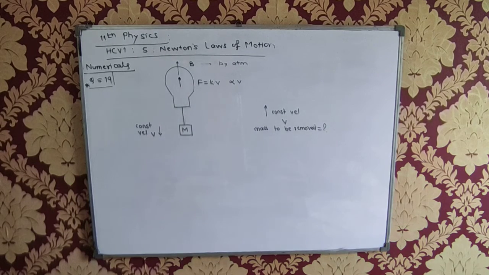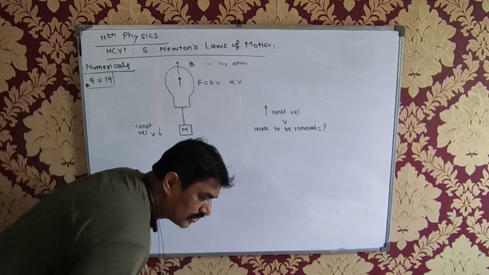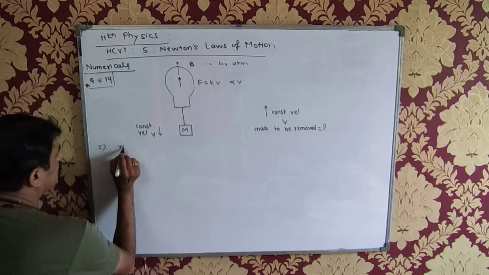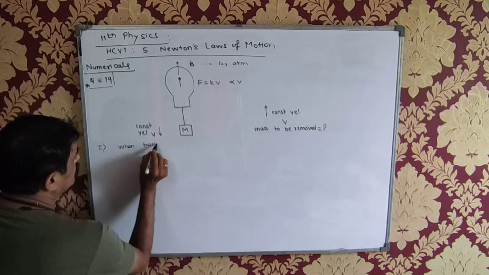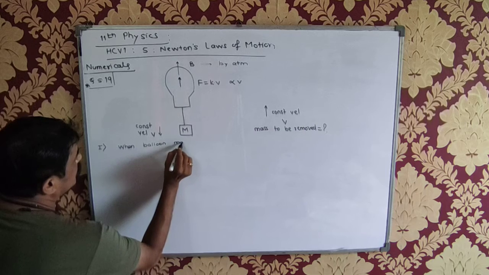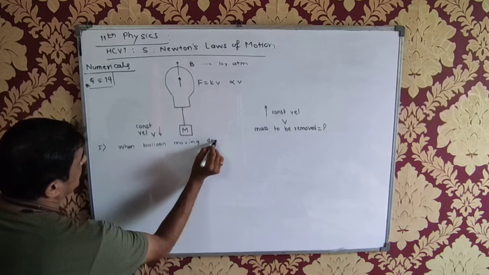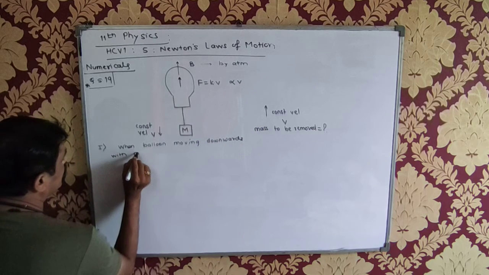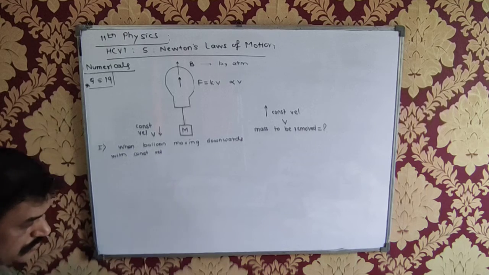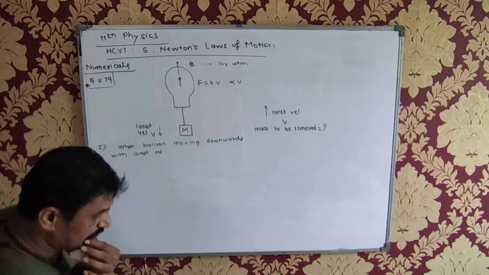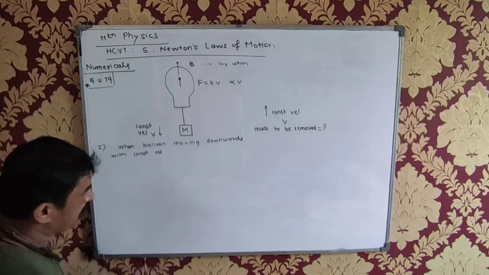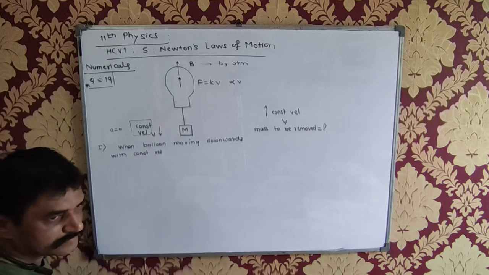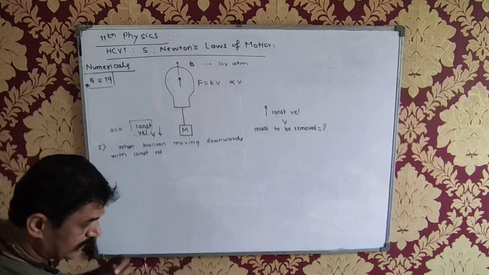So when the balloon is moving downwards, first case, when balloon moving downwards with constant velocity. So we say if it is moving downward with a constant velocity का मतलब है acceleration is zero.